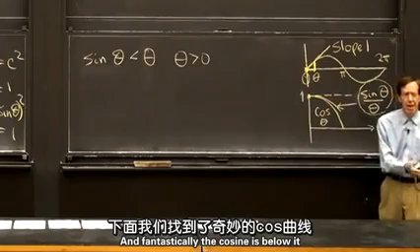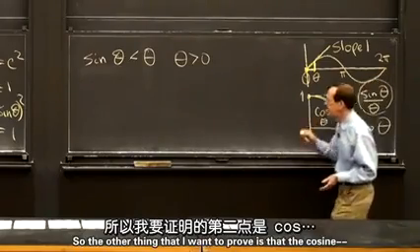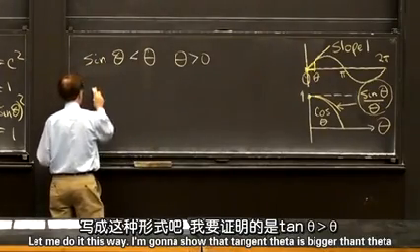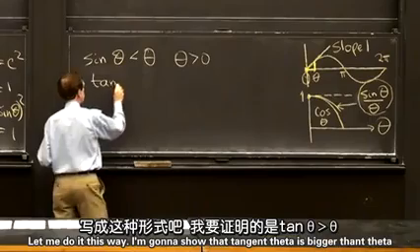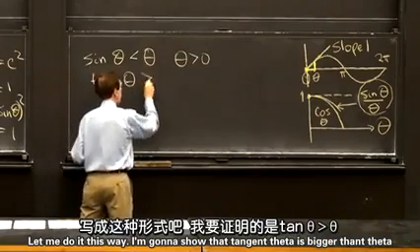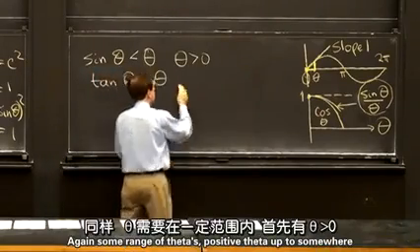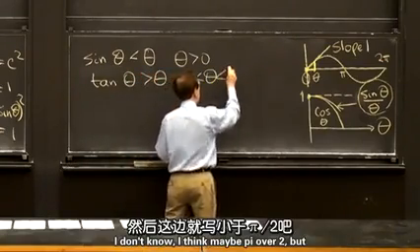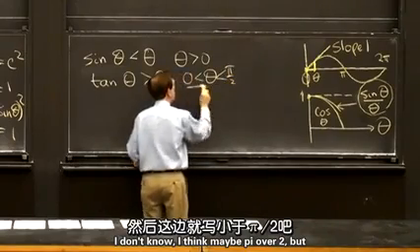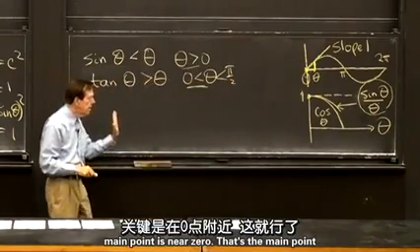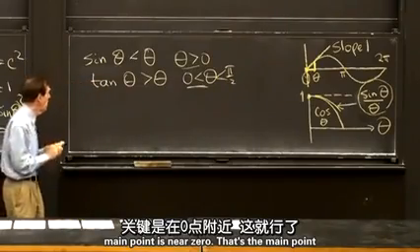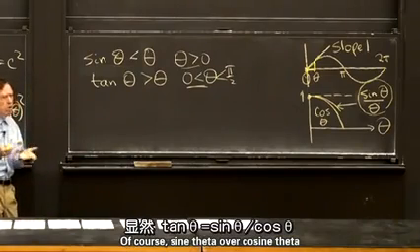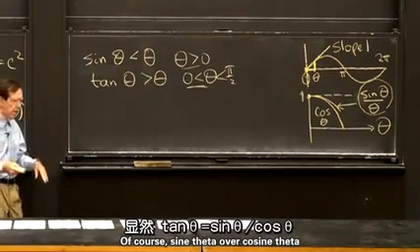And fantastically, the cosine is below it. So the other thing that I want to prove is that the tangent of theta is bigger than theta. Again, some range of thetas, positive thetas, up to somewhere. I think maybe pi over 2, but the main point is near 0. Do you remember what the tangent is? Of course, sine theta over cosine theta.